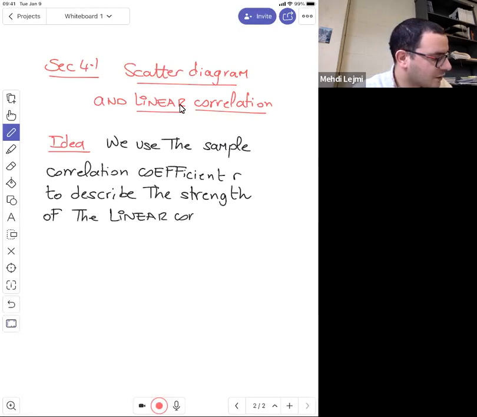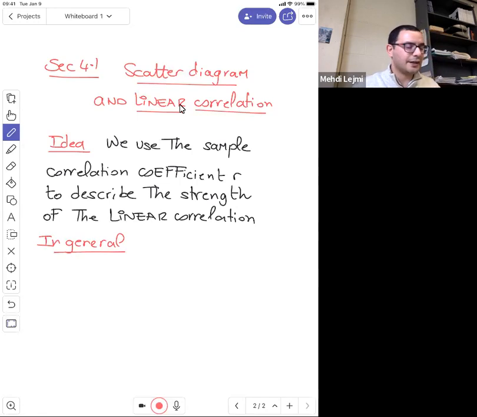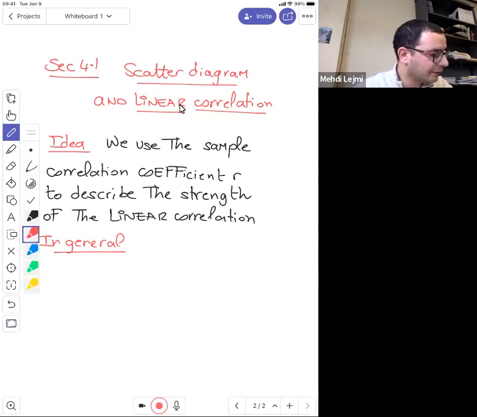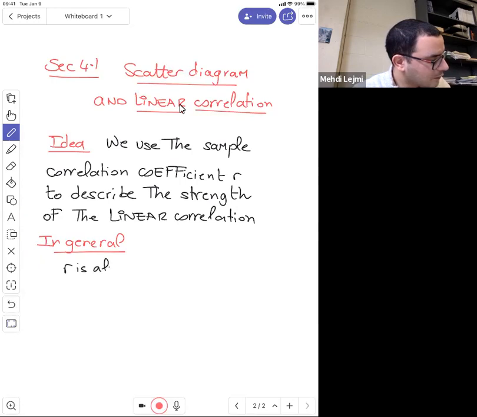All right, just to remind you what we said yesterday. In general, R is always between -1 and +1. This number R is always between -1 and +1.